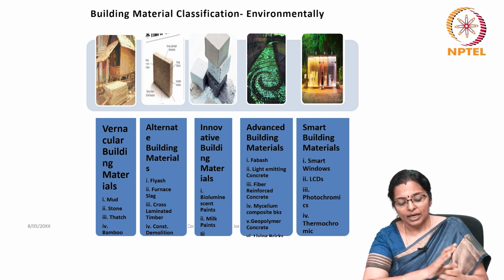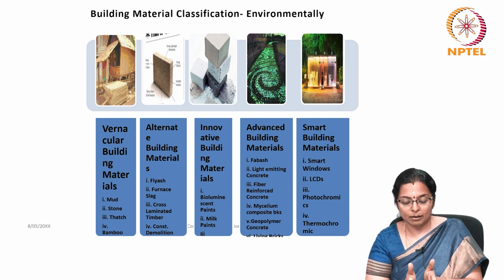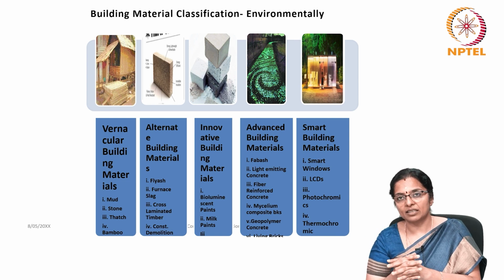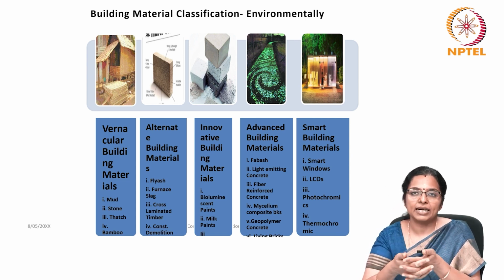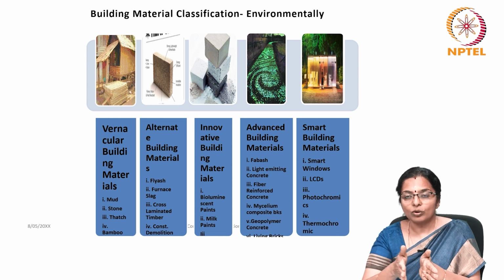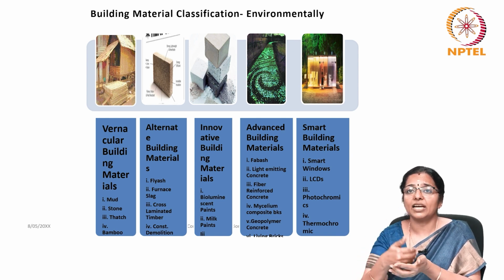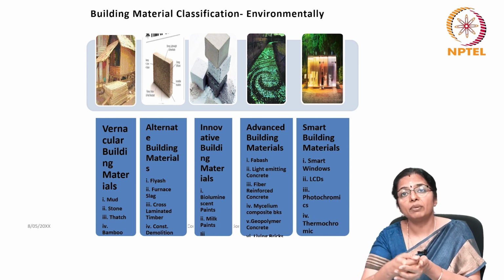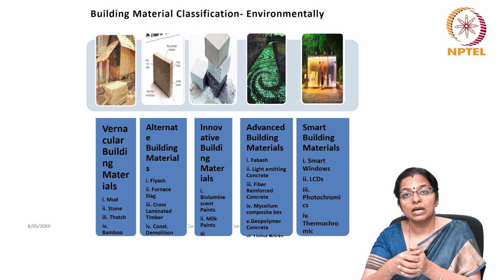Now, when we saw vernacular buildings, alternate building materials, innovative building materials, advanced building materials, etc., we were able to give good building examples. Slowly, as we came towards advanced building materials, the applications are what we studied more than the buildings themselves built using advanced building materials.